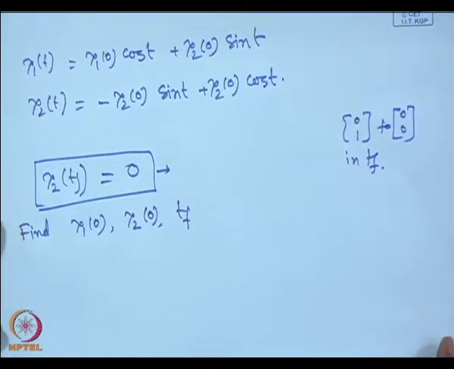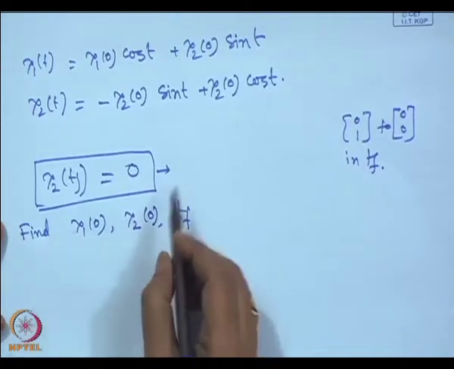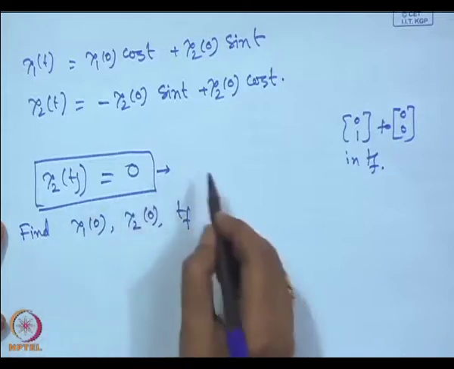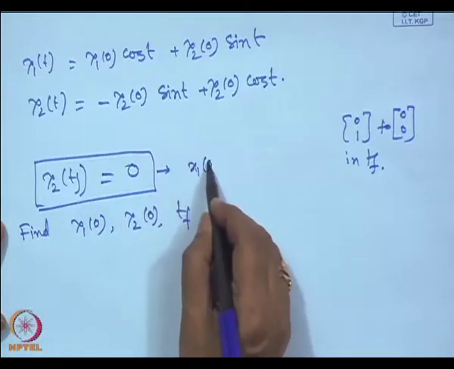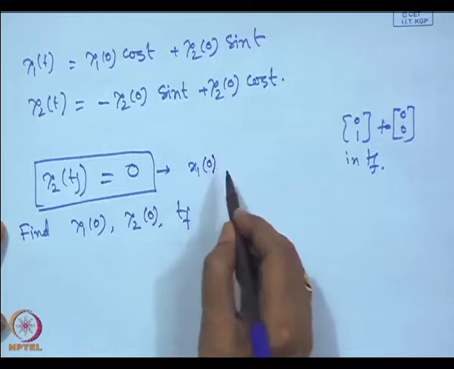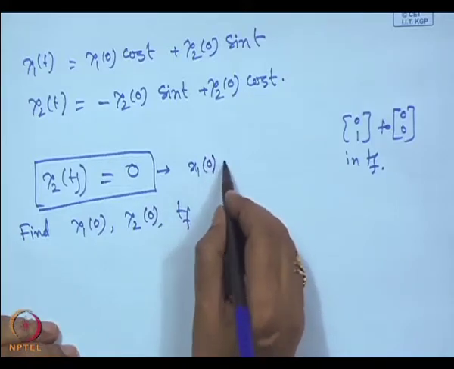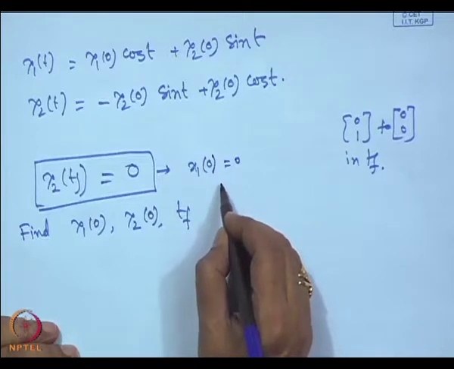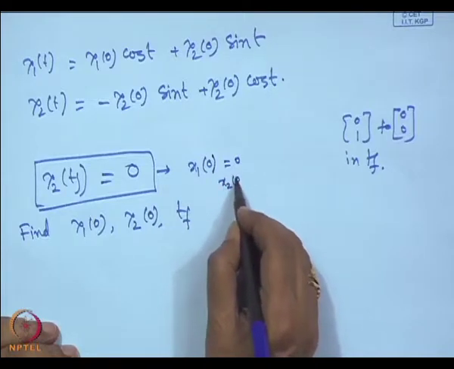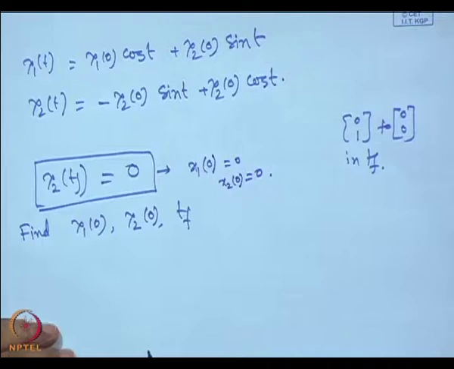So how to solve? Using the end conditions: x1 of Tf is equal to 0, and x2 of Tf is also 0.